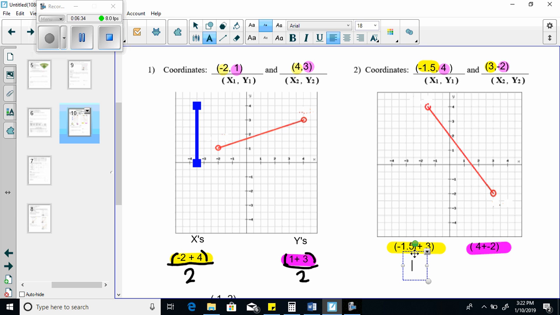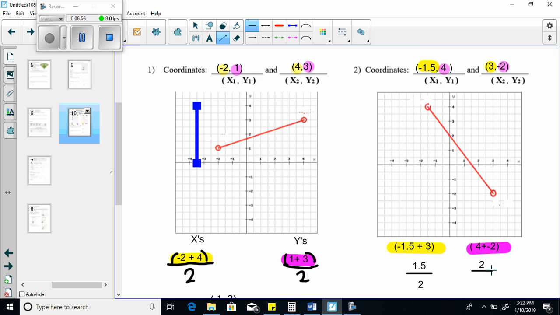Here, before I even write it as a whole, I'm going to just add those first. I get 1.5, and then I know in my calculator, just so I don't mess it up, I'm going to divide that by 2. And 4 plus -2, that's the same thing as 4 minus 2, so I have 2. And I'm going to divide that by 2.